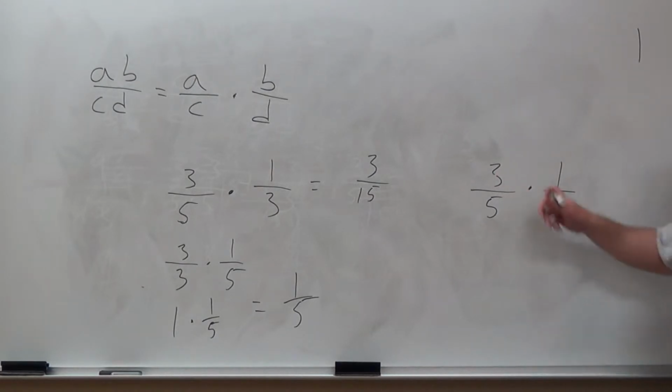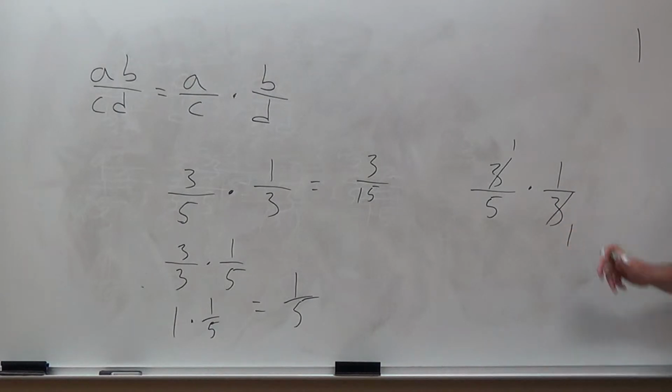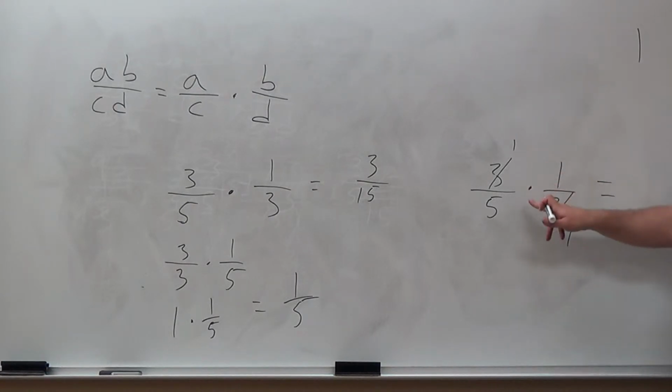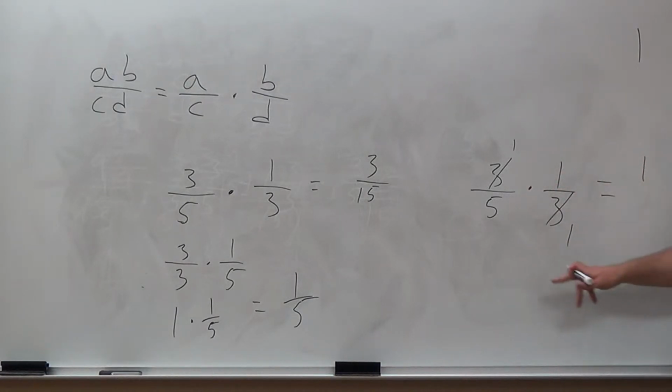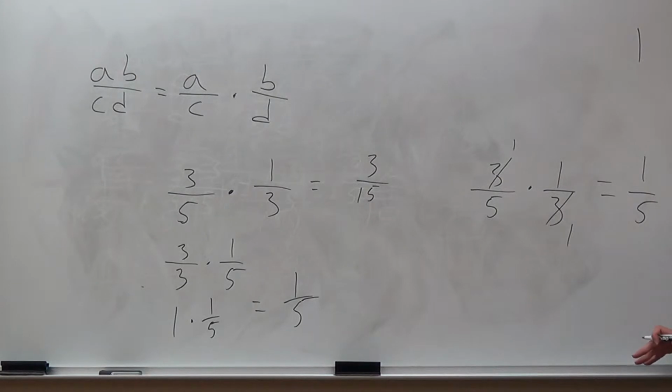And that's why I know this 3 reduces to 1, this 3 reduces to 1. So 1 times 1 is 1. 5 times 1 is 5. Notice I still get my 1/5, right?